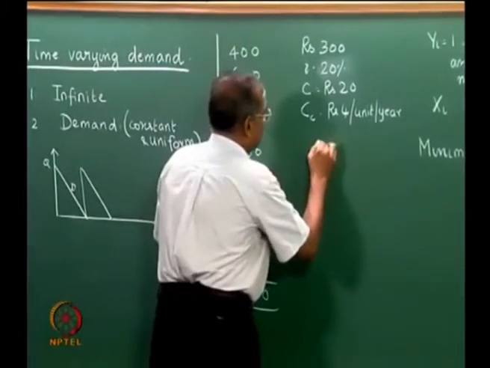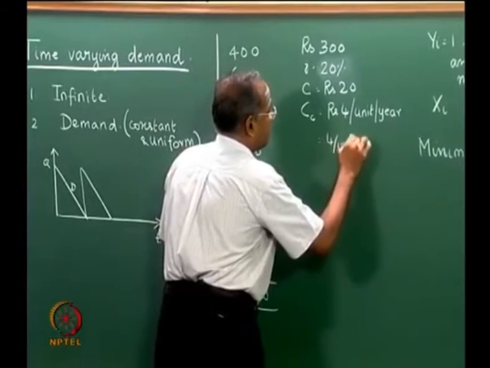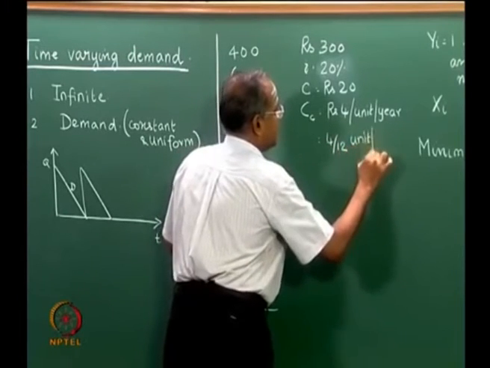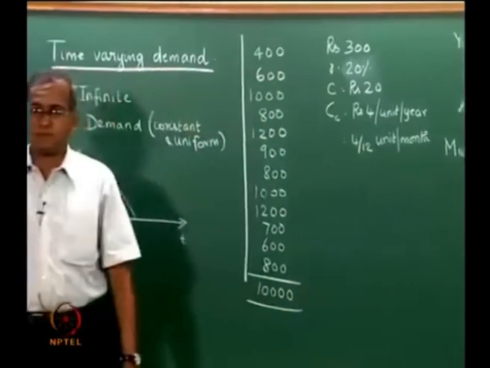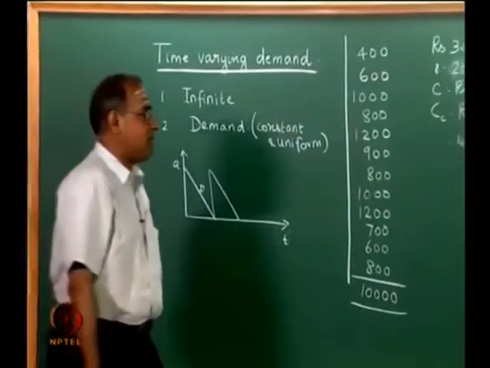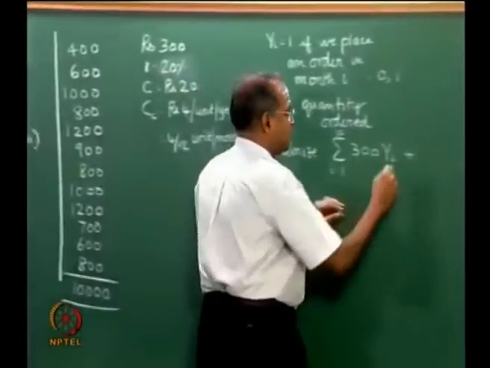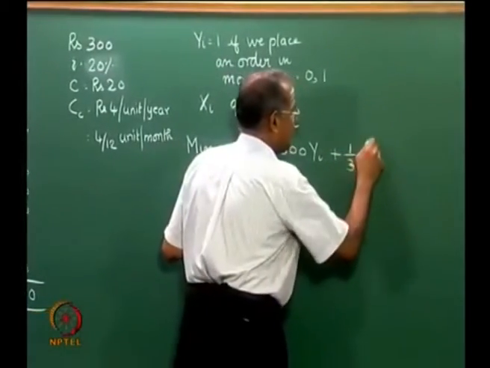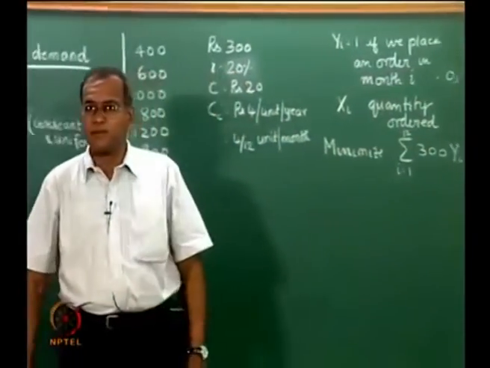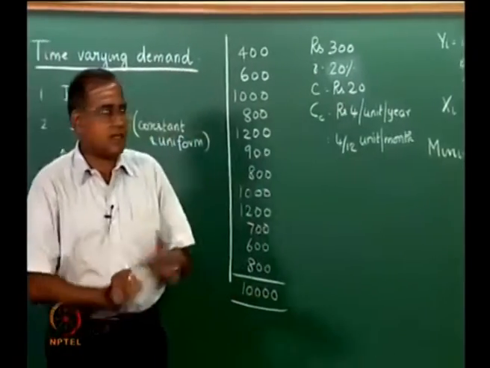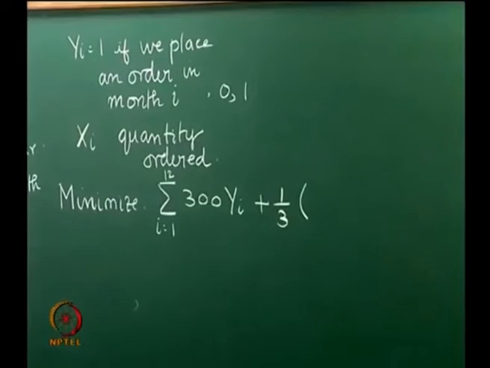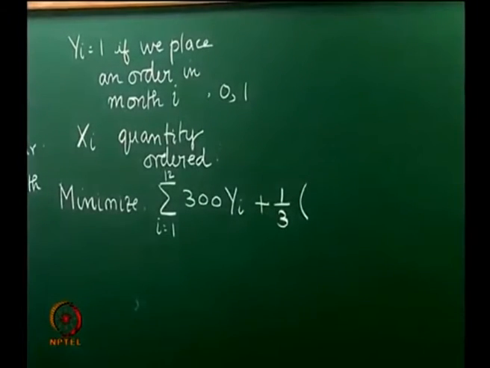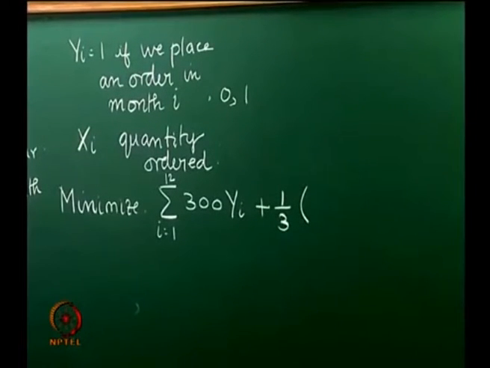So this will become 4 by 12 or 1 by 3 per unit per month. So the inventory holding cost will be plus 1 by 3 into, now we are going to make another assumption that we are going to charge the inventory for the ending inventory in that period.